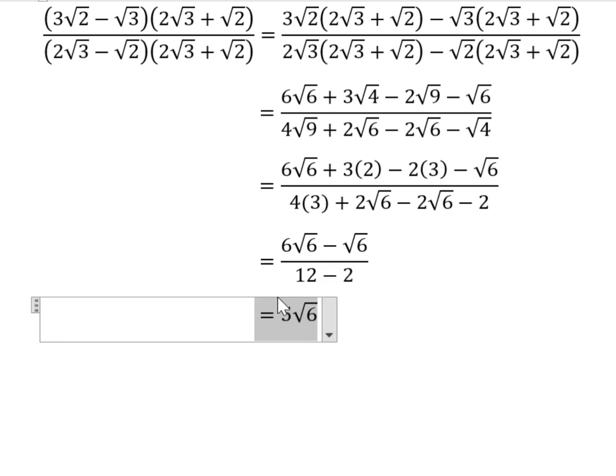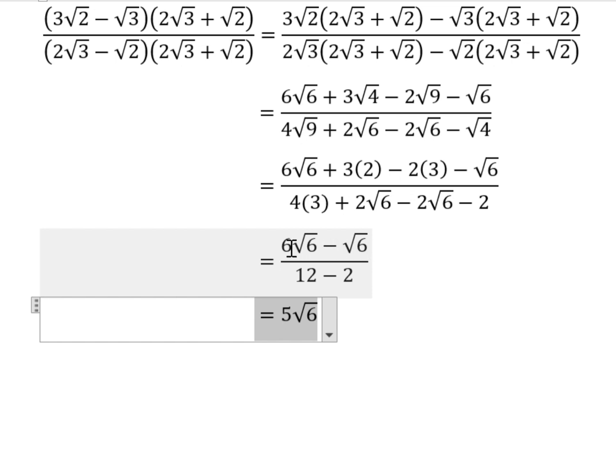If you look at the numerator, this is like 6x minus x. We should say 6x minus x is equal to 5x, because the coefficient is 1. So we subtract the coefficients and we maintain the x. Now instead of x we have root 6, so we have 6 root 6 minus root 6, which is 6 root 6 minus 1 root 6.